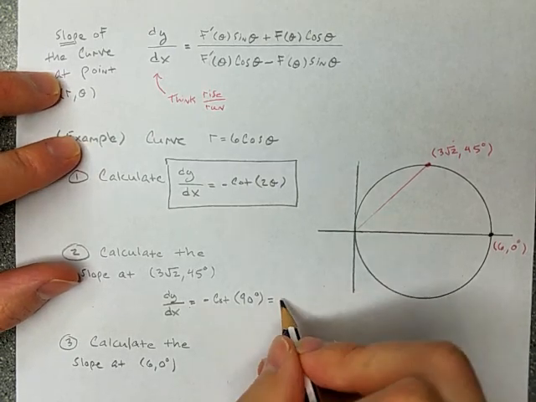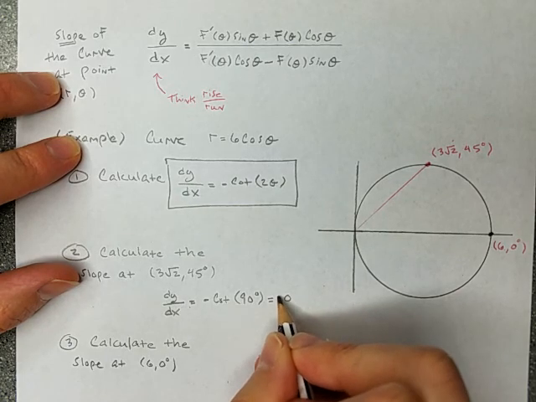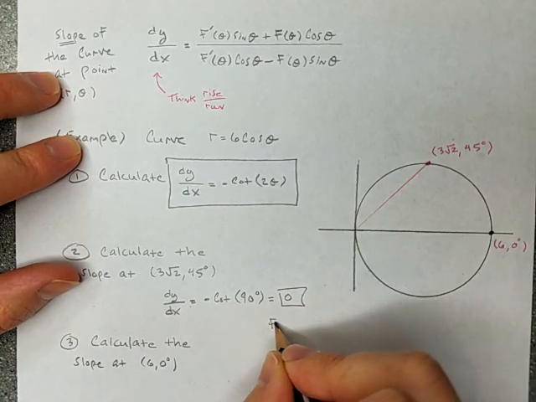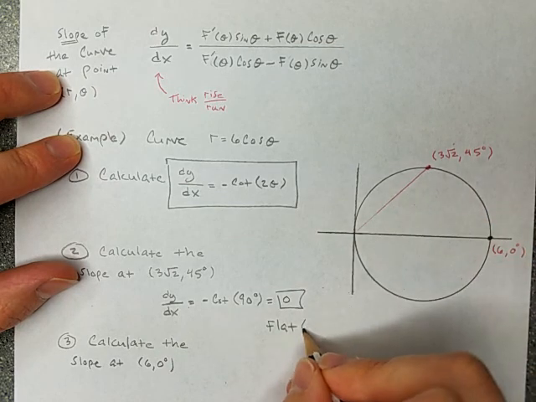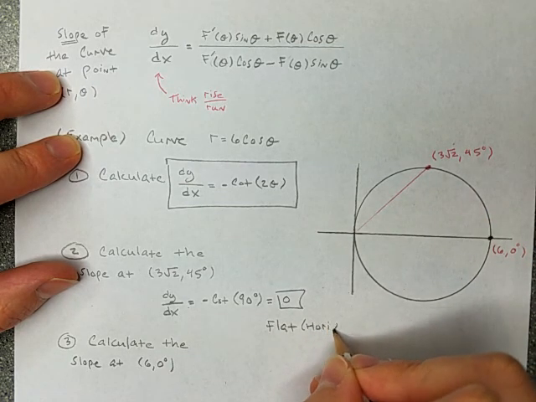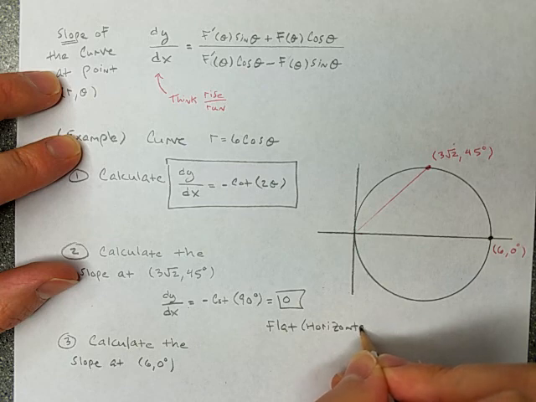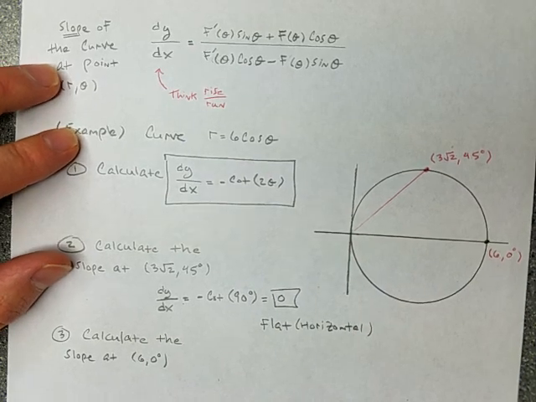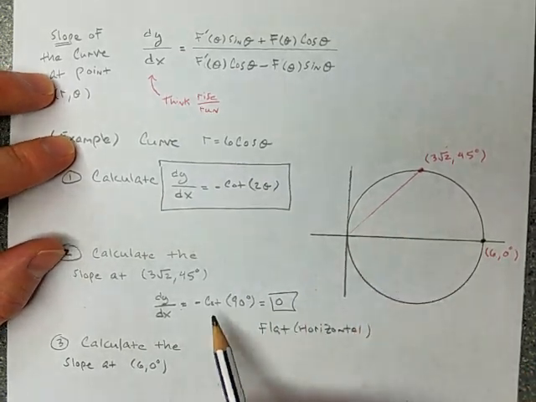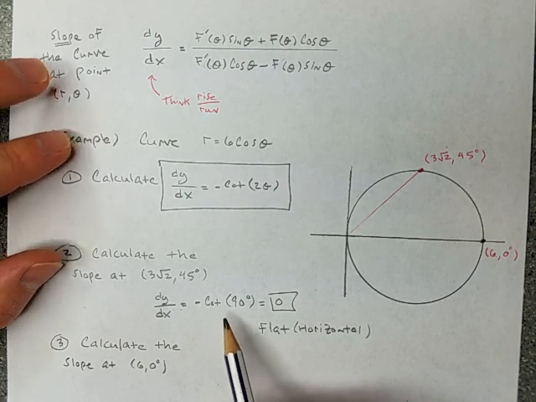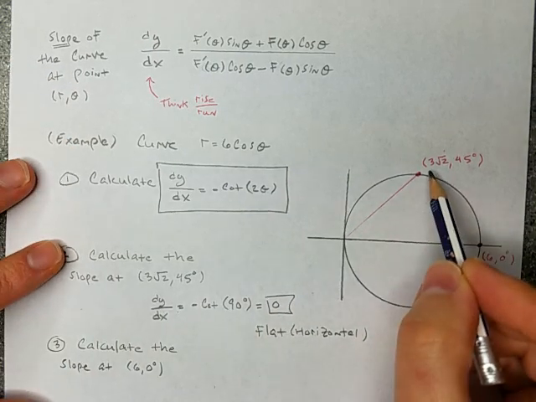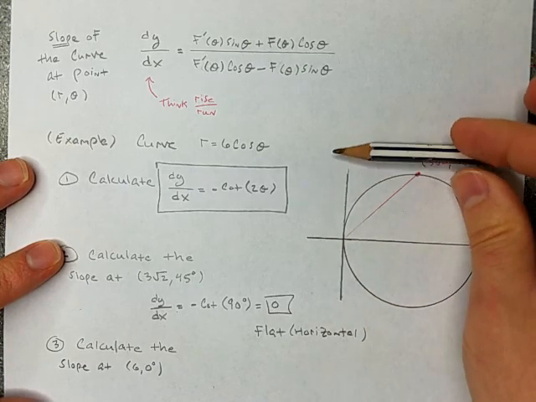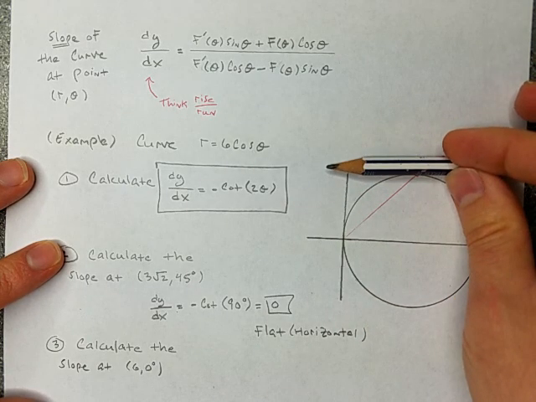So I get the negative of 0, or 0. So it's flat at that point right there, it's horizontal. In case you didn't know that horizontal meant flat. I calculate cotangent of 90 and I get 0, and it's consistent with what I'm seeing, that right there at the very top, it's flat, it's horizontal.